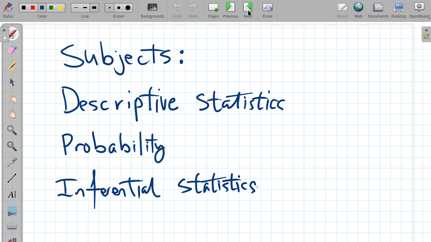You're going to start off with descriptive statistics, and this is material, ideas that you've already seen. Charting, numerical summaries, some calculations. It's a way to describe data. Now, if you think about this for a minute, if I just throw a list of numbers at you, the average person is going to look at it and say, well, it doesn't mean anything.